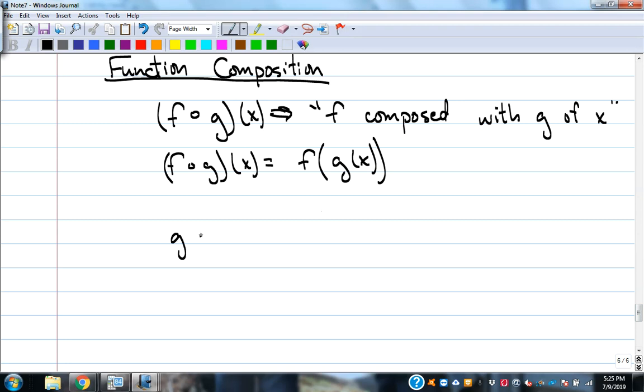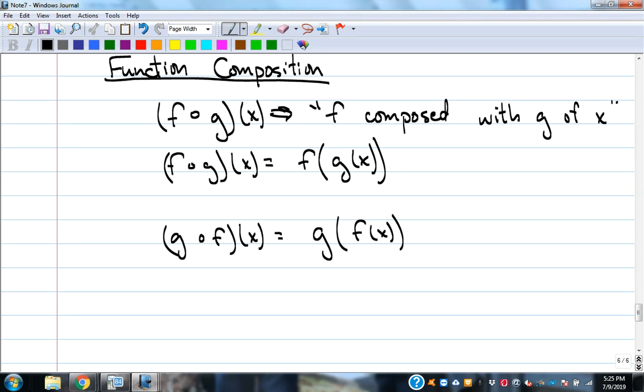If I said g composed with f, the other direction, that would be take f of x and put it into g of x. We'll do some problems where we do this and then talk about the domains and all that stuff as well.